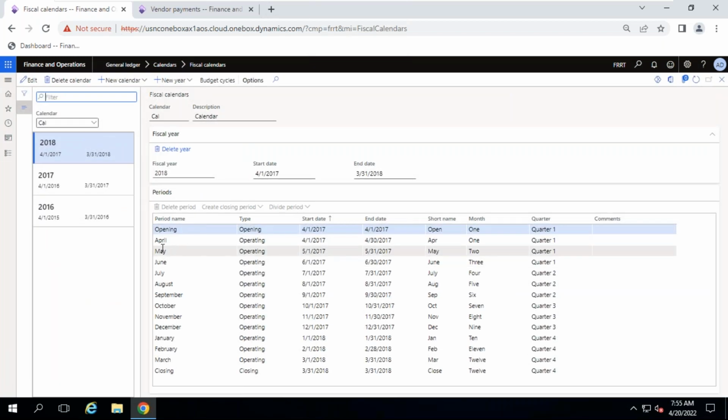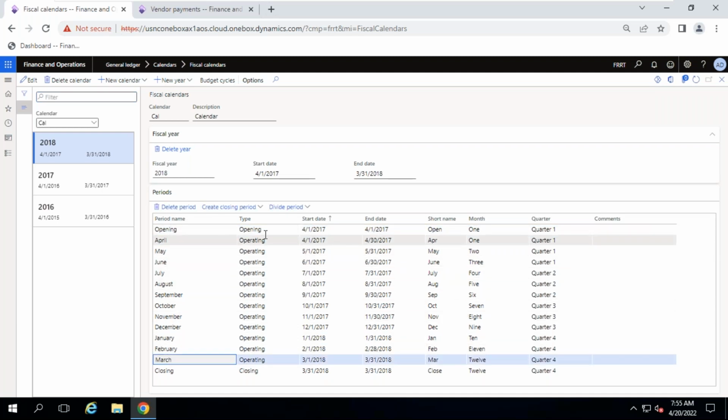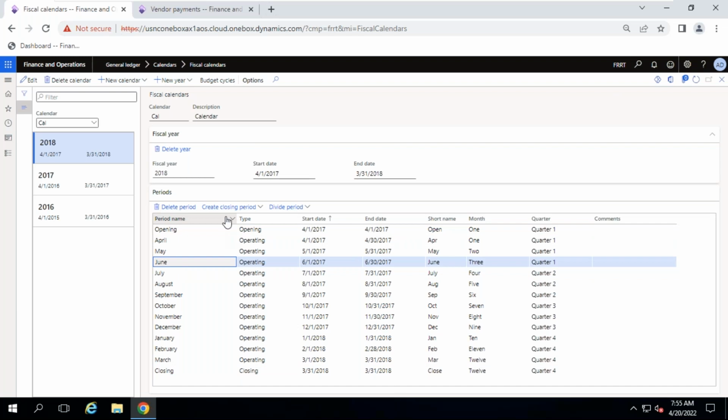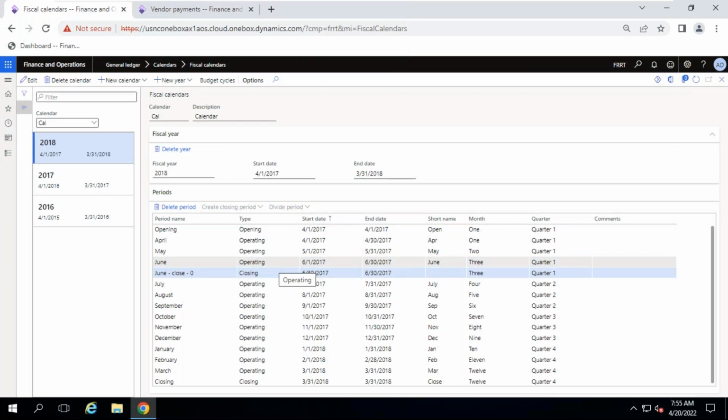Look at this: April, May, June, July, like this up to March. Opening is 1st April to 1st April, closing is 31st March to 31st March. If you want to add one more closing period, you can create a closing period, June.